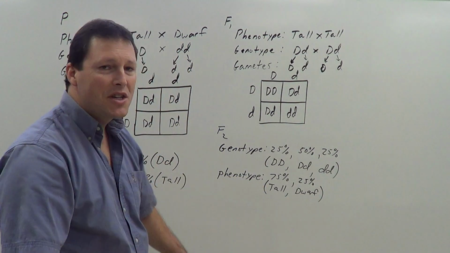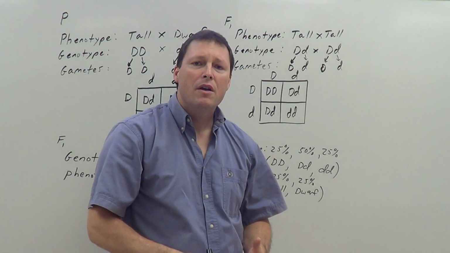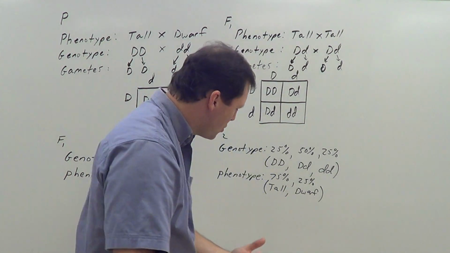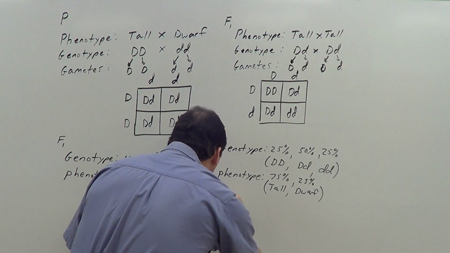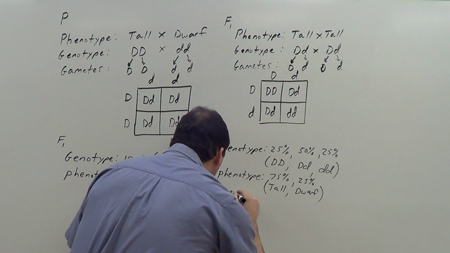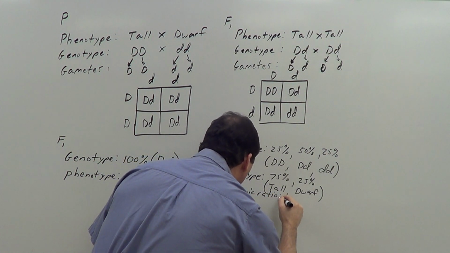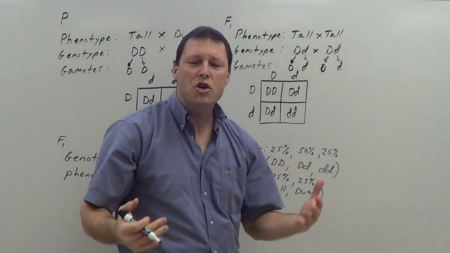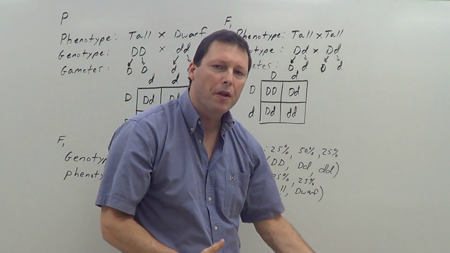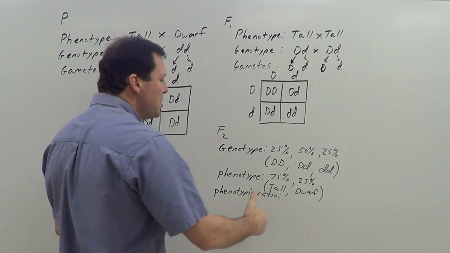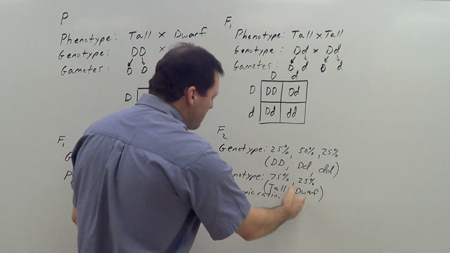Now, I could take this a step further and I could write phenotypic ratio. So let's go ahead and do that. So what's the phenotypic ratio? A ratio is a comparison of one thing to another. So we're going to compare the different phenotypes here.